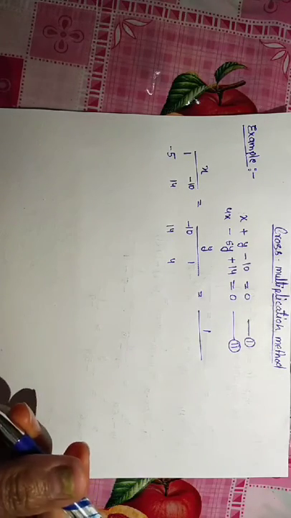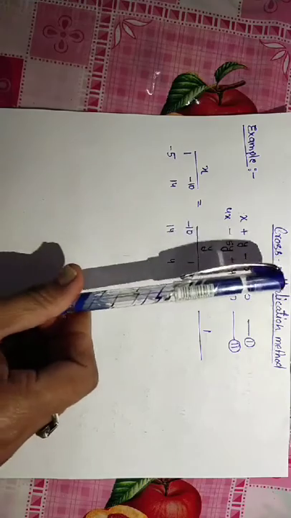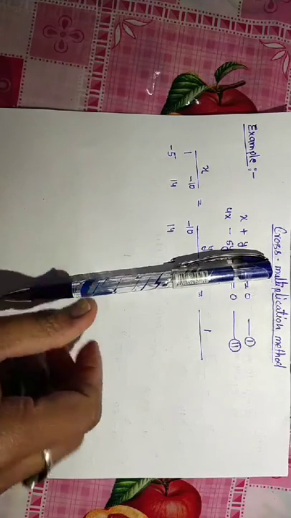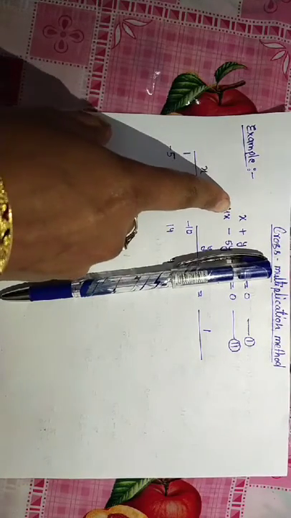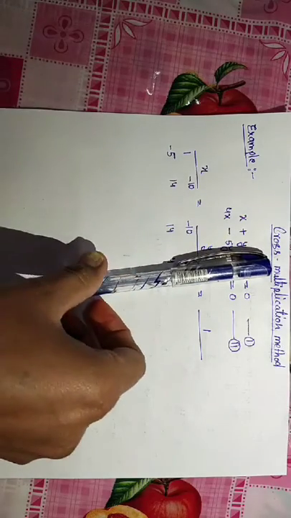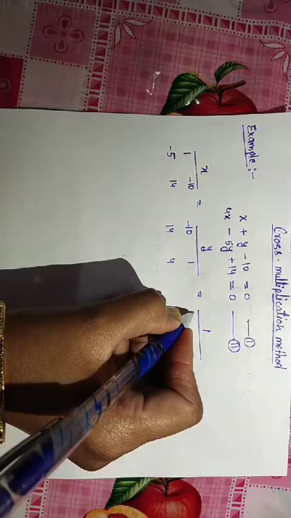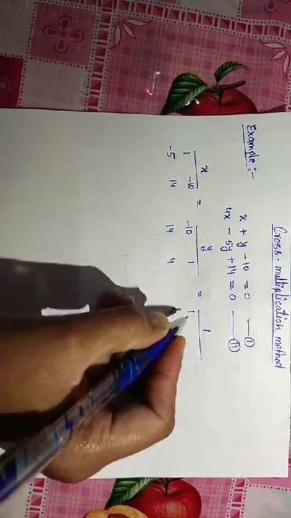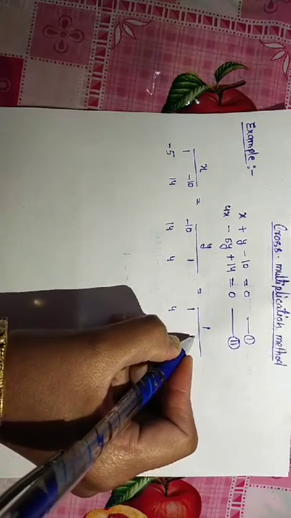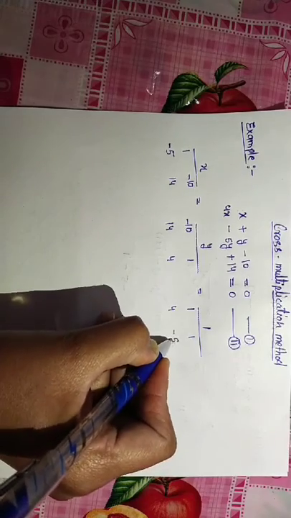For writing in the denominator of 1, we cover the constant term and write the coefficient of x and then the coefficient of y. The coefficients of x are 1 and 4. The coefficients of y are 1 and minus 5.